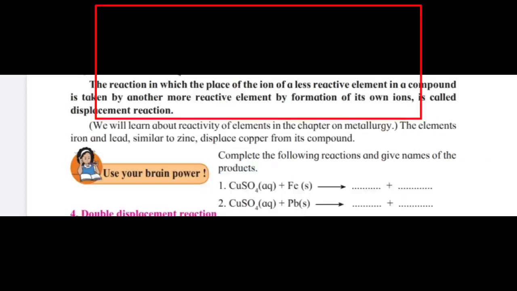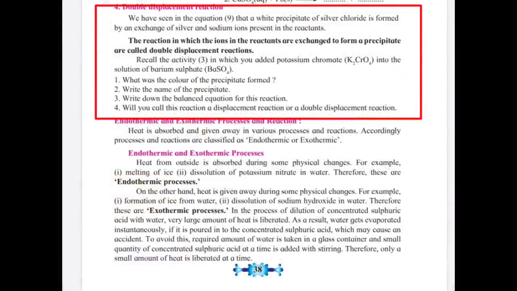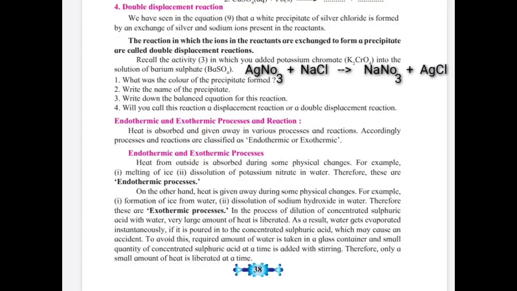Fourth type of reaction, that is double displacement reaction. The reaction in which the ions in the reactants are exchanged to form a precipitate are called double displacement reactions. For example, AgNO3 plus NaCl giving you NaNO3 plus AgCl.